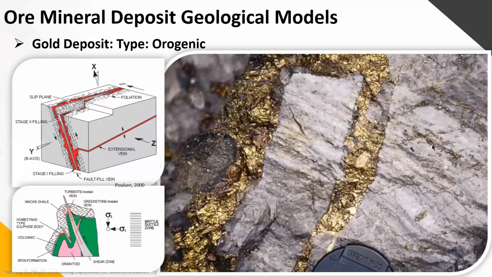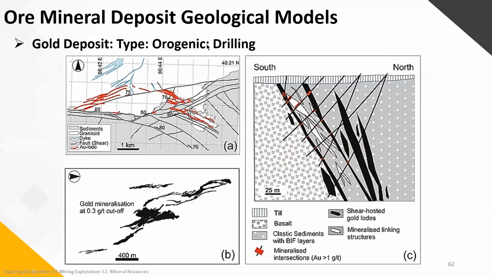So if we go for examples now for gold deposits, for the orogenic types within fractures, as we see here, we see a nice vein of gold within a rock. How we would go for exploration, for drilling, as we've seen in the last lesson, we always try to plan drillings that will pass perpendicular to our known mineralized zone.